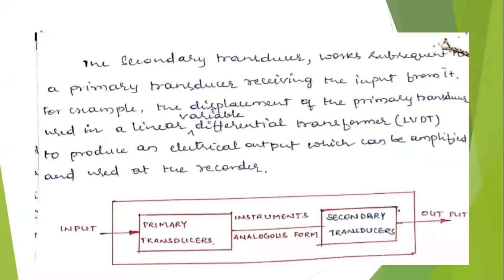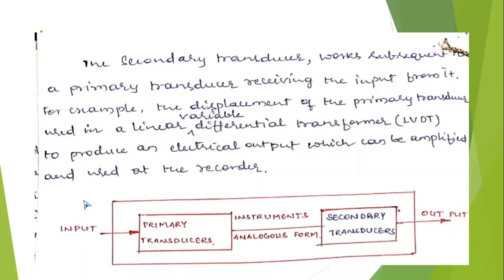Next, coming to the point, in any measurement you have 2 types of transducers. One is the primary transducer, the other is the secondary transducer. The primary transducer receives the input, that is, the measuring method.